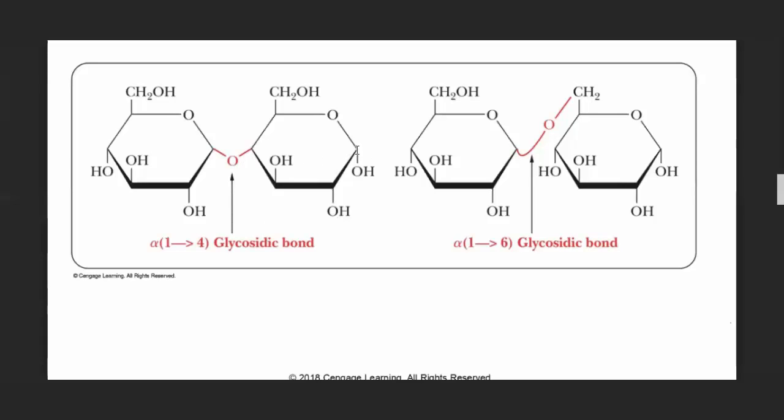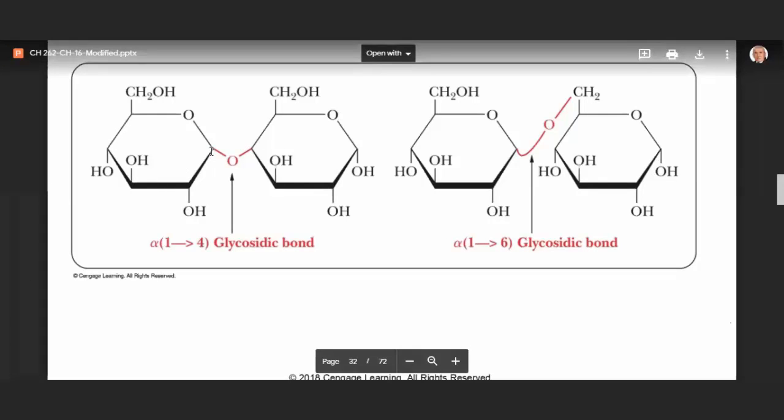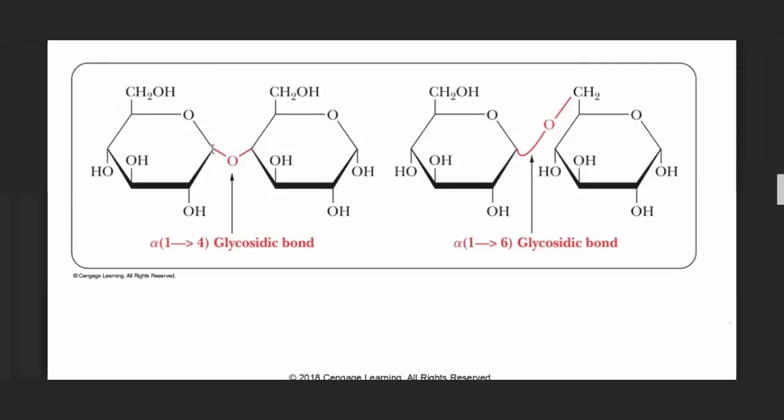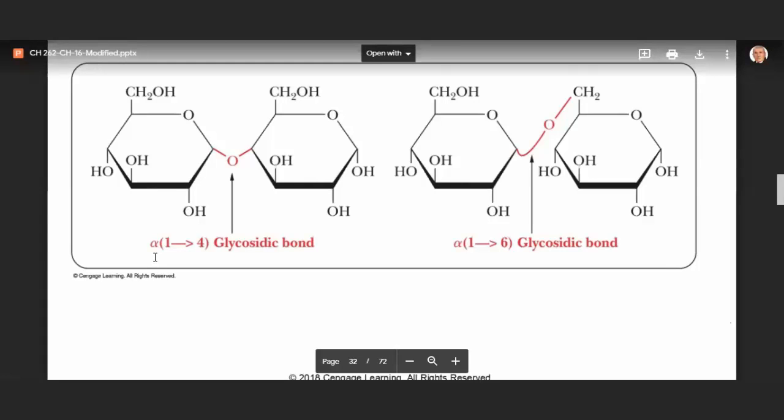Notice this is carbon 1, 2, 3, 4 on this monosaccharide, and in this one it is carbon 1 here, so the bond is 1,4. The type is alpha, so it's an alpha 1,4 glycosidic bond.